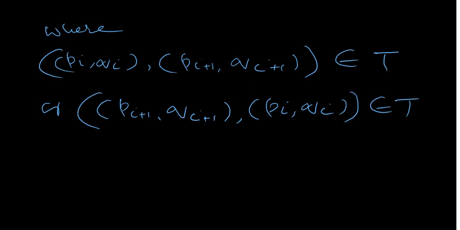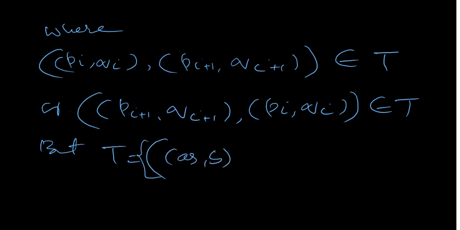But each transition is actually a move. So what is T actually? T is actually this set, (aS, B) related to (A, SB). So this is our T. If this pair belongs to T, we can say this is a right move, because S moves from left to right.